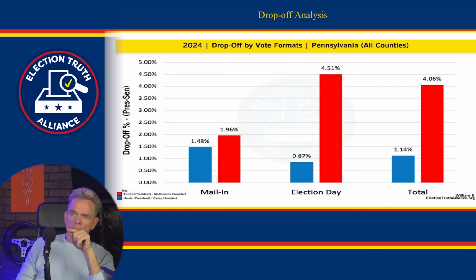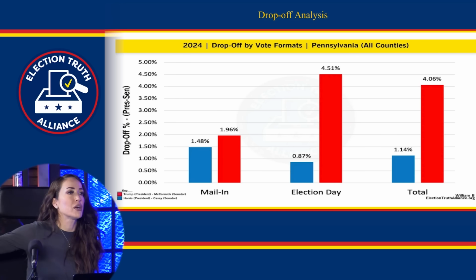I feel like I'm screwing you up, and I don't want to. I want to be very clear about this, guys, because I think I've confused things. Basically, there are 4.51% bullet ballots where only the president was voted for, and for the Democrats it was less than 1%. This is comparing the presidential votes versus the Senate, the next down ballot.